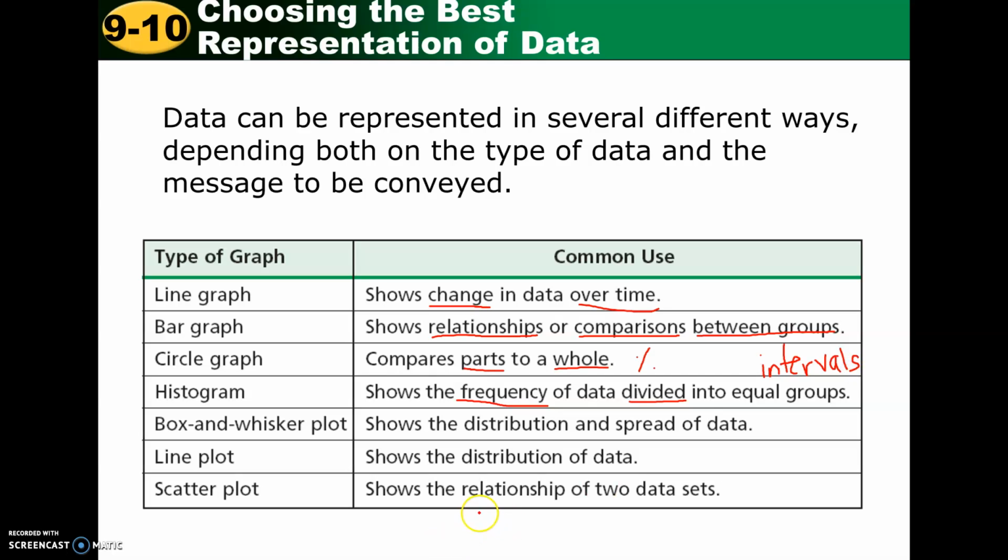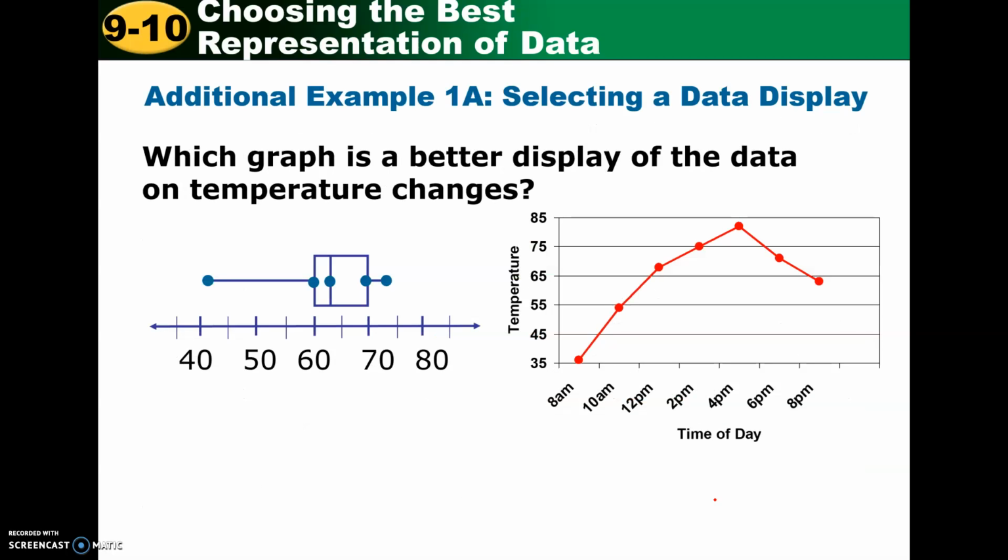Okay, a box and whisker plot shows the distribution and spread, like how spread out the numbers are. A line plot with the X's above a number line shows just the distribution. And a scatter plot shows the relationship between two data sets. So write that down. If you need more time, pause the video.